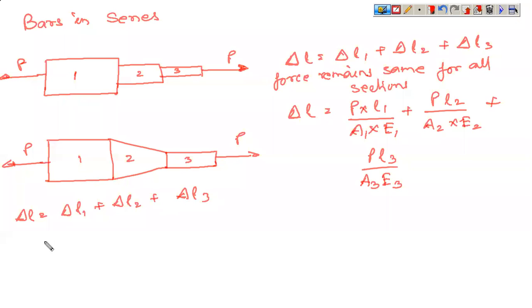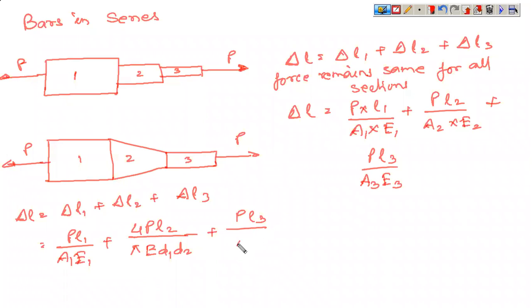So delta L of 1 is PL1 by A1 E1 plus delta L of 2 is 4PL2 divided by pi E D1 D2, so A2 will not be mentioned here like this, plus PL3 by A3 E3.